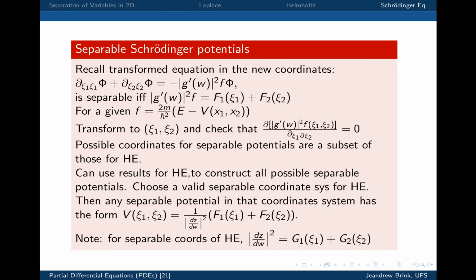Today the one example we came up with was the harmonic one: two derivatives of the function is proportional to the function. That's the simplest example. There are more complicated equations, and the easiest one to see is if you write Laplace's equation in polar coordinates. Then you have two derivatives of the function plus 1 over r times the derivative of the function. We're going to look at general techniques for solving that as well.